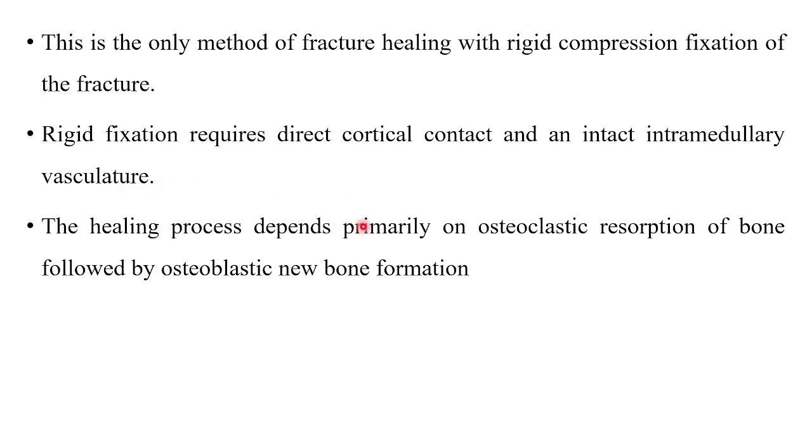The healing process depends primarily on osteoclastic resorption of bone followed by osteoblastic new bone formation. It mainly occurs because of rigid compression fixation using compression plates, and it may take more time compared with secondary bone healing.